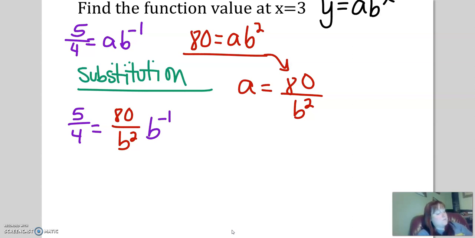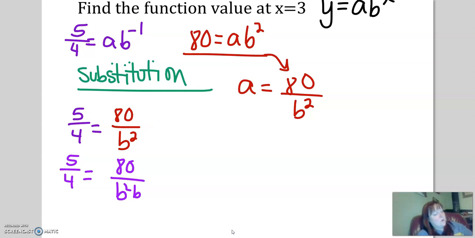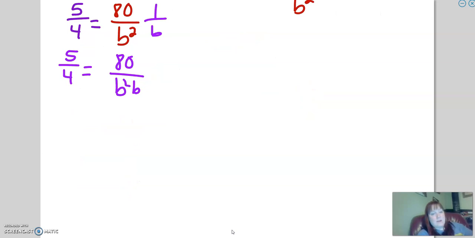B to the -1 is the same as 1 over B. Same thing, right? So I have 5/4 equals 80 over B cubed.